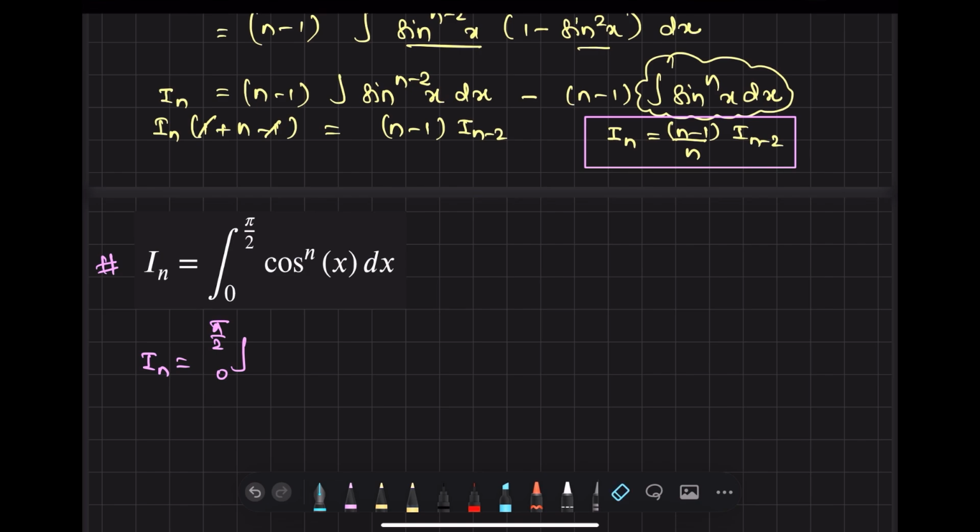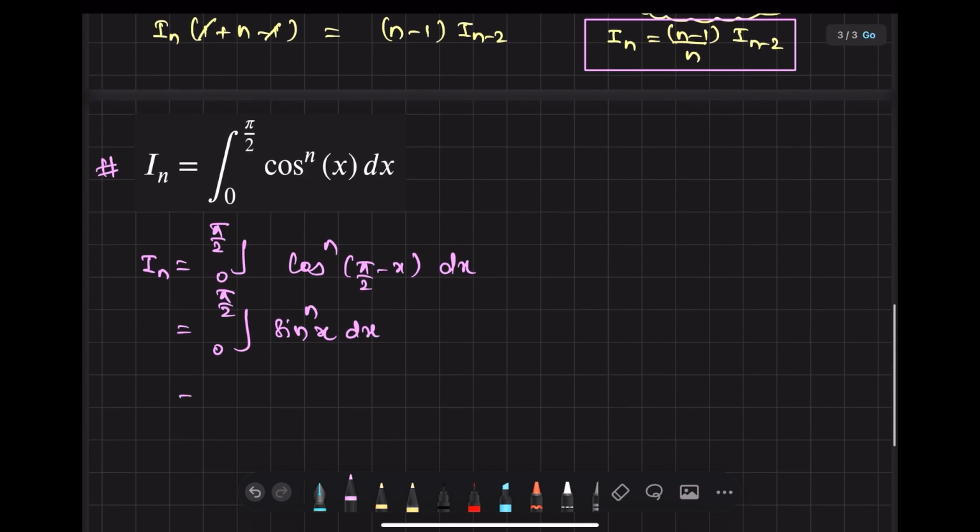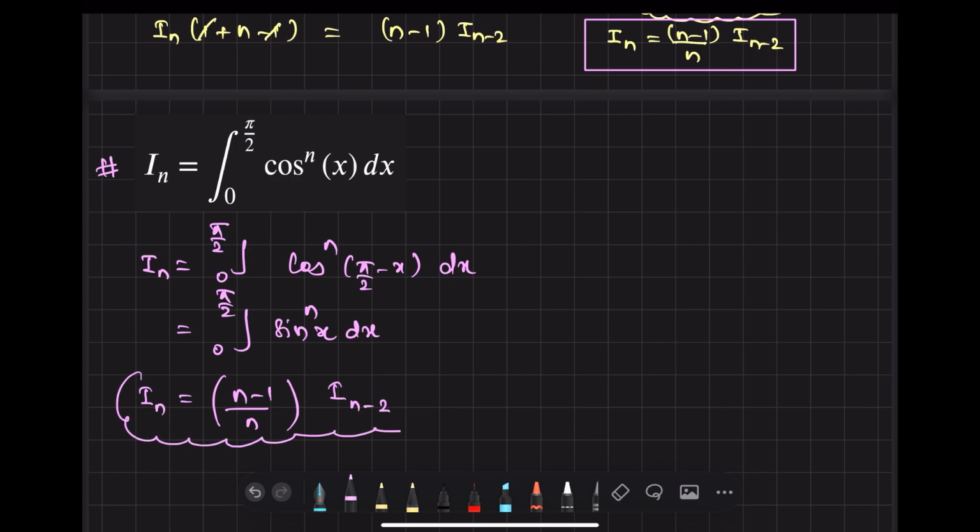So it is cos power n of 90 minus x. Don't you think this becomes the integral from 0 to pi by 2 of sine power n x dx, since cos of 90 minus theta is sine theta? So it is the same, no? Here also the answer will be (n minus 1) by n, and then I of n minus 2. So here also we have the same result.